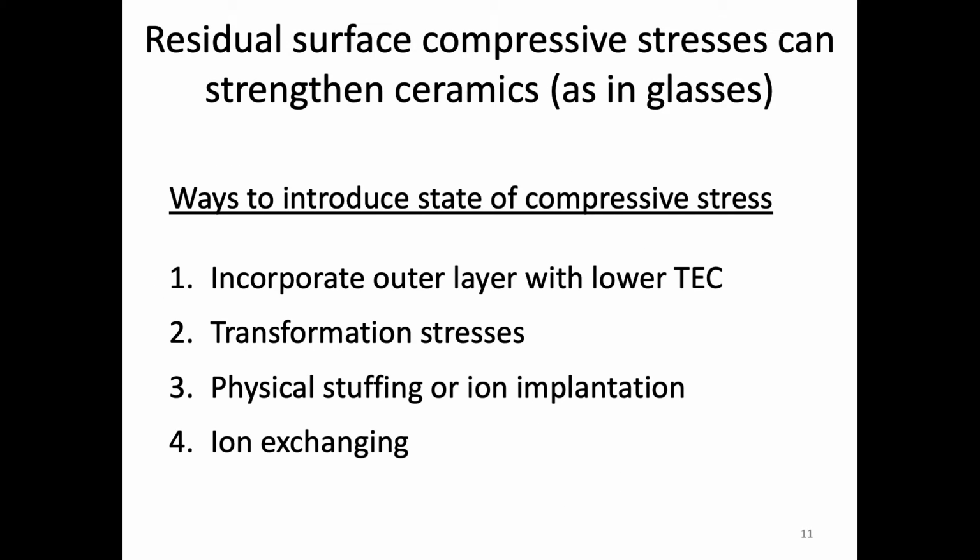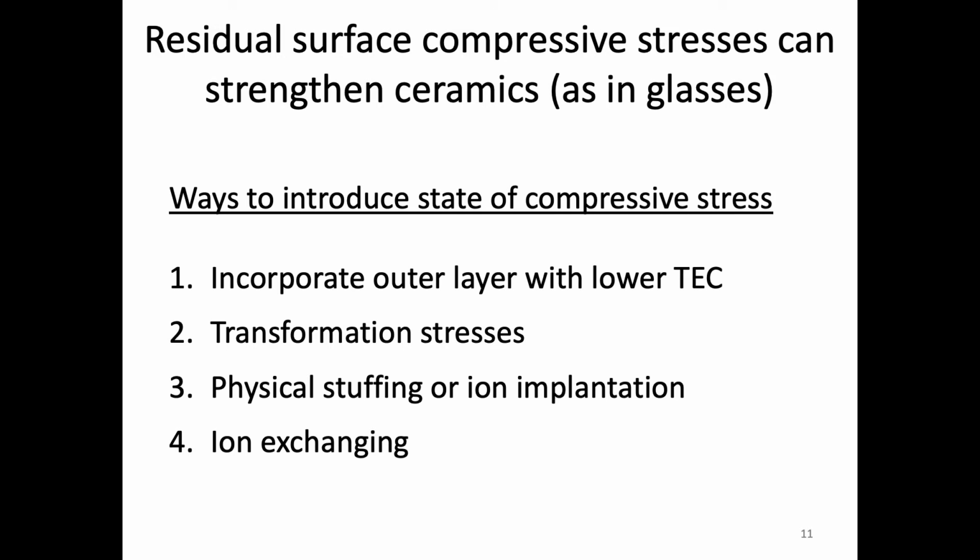All right, so we talked about a lot of these surface flaws, and previously, in the glass section, we've already talked about how to overcome some of these surface flaws. And one of those techniques was to introduce a compressive stress. So we've talked about how ceramics are stronger in compression than tension, mode 1 effectively.